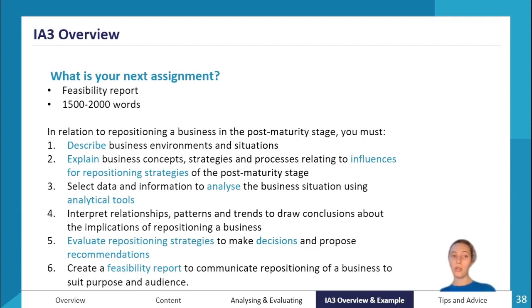So I encourage you to get an understanding of what you're in for, and that way you can really start getting prepared early. So it's 1,500 to 2,000 words, just like all of your business assignments will be in years 11 and 12. So you're looking at repositioning a business in the post-maturity stage.